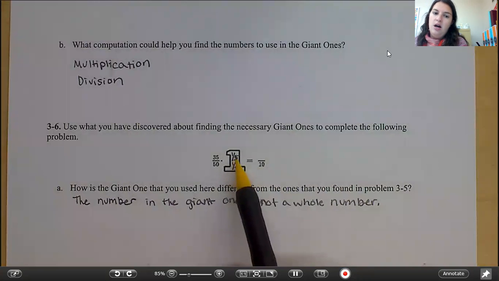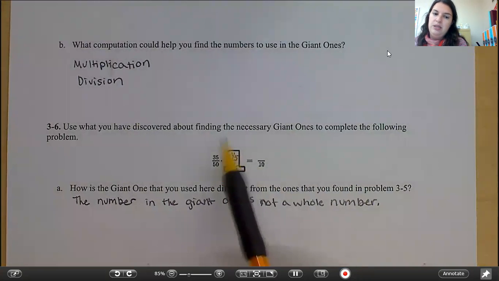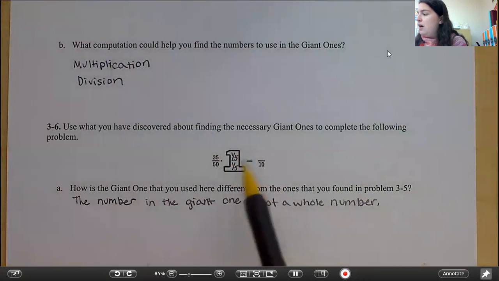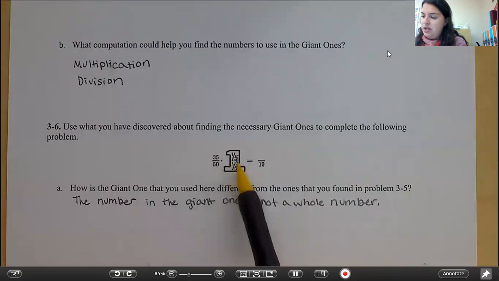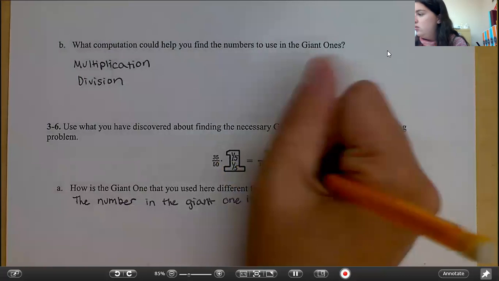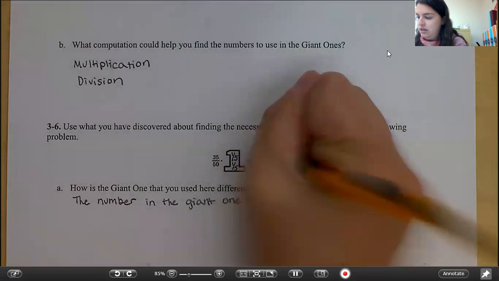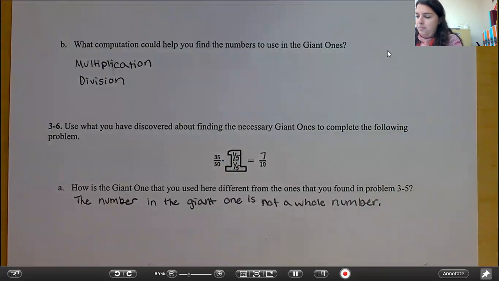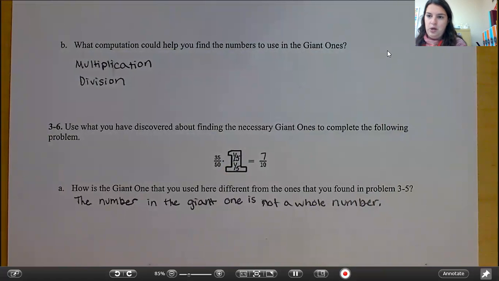You could have had 2/10 here, so it would have been 0.2 is how you would have written that. So if I wanted to multiply 35 times 1/5, that would give me 7/10. We're actually going to skip part B here, so you do not need to do part B.